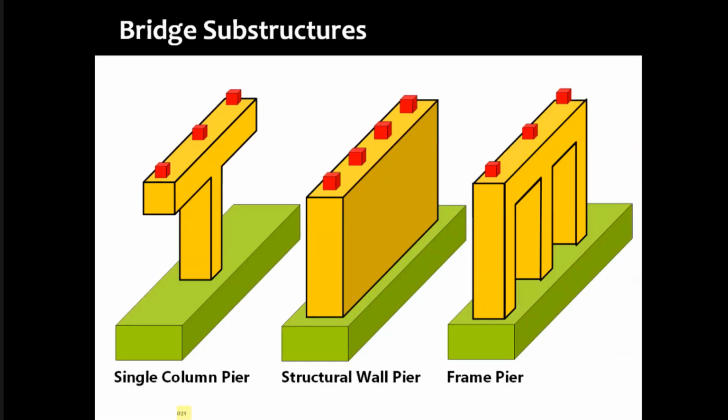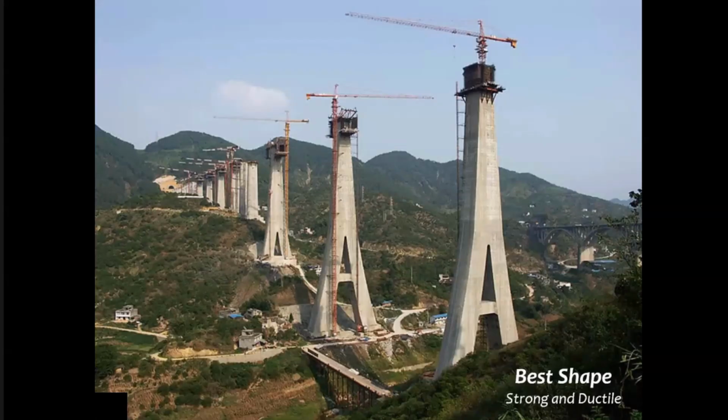So of these three options, these are the three practical options that are being implemented these days across the country. But for me, the winner is the Eiffel Tower. The shape of the Eiffel Tower is the best for seismic design of bridge substructures. Why do I say that? Two reasons. One, I get a large lever arm at the base, so overturning is lesser.